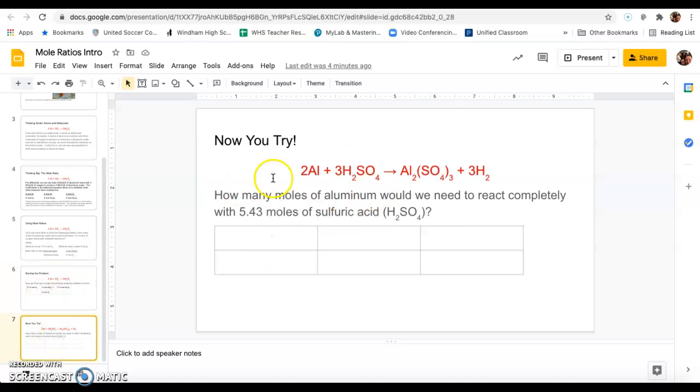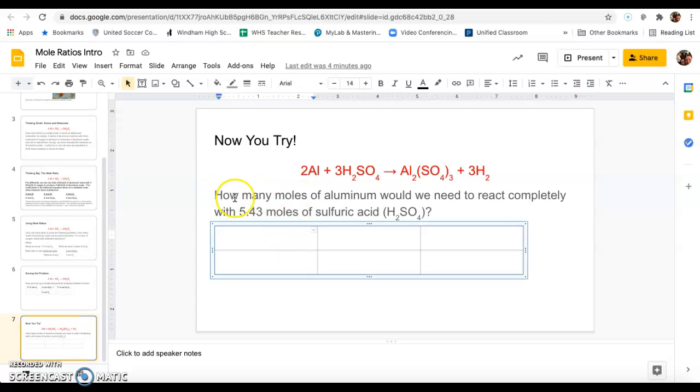So now, this is something that we're actually going to do in class, but I'll work it out here for you guys. And the question asks, how many moles of aluminum would we need to react completely with 5.43 moles of sulfuric acid? And so we're going to start here.